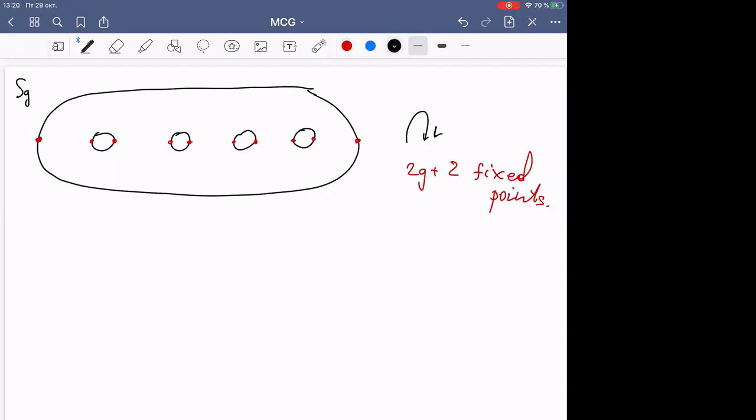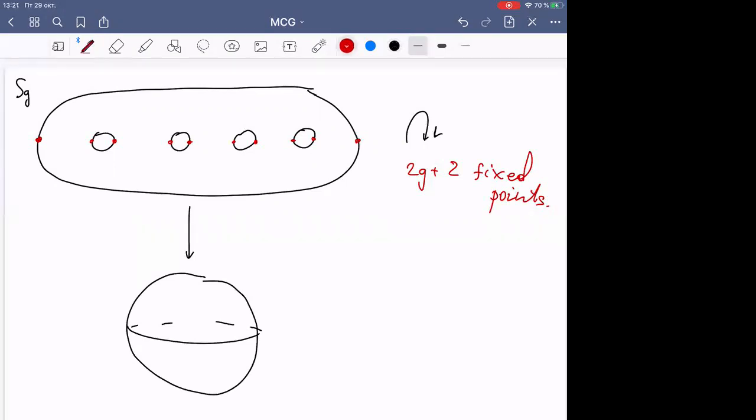Well, and what is below? Now this is not a disk. Now we have no boundary component at all, but again we have a surface of genus 0. So downstairs we get a sphere with 2g plus 2 punctures. Not punctures, marked points actually, but we are free to choose from them.